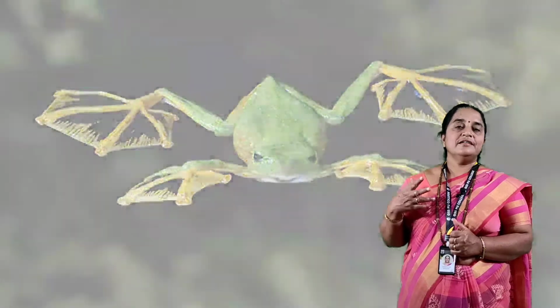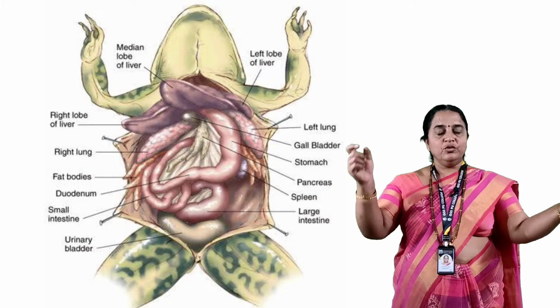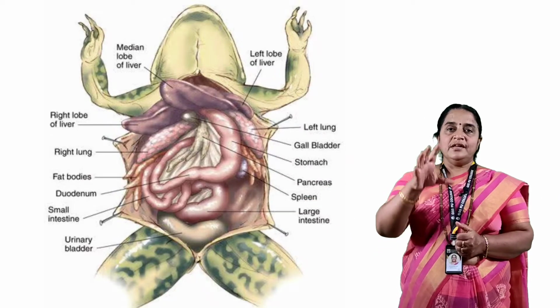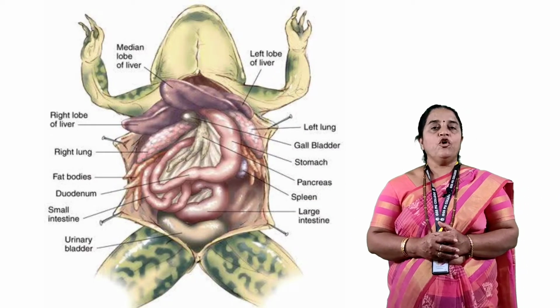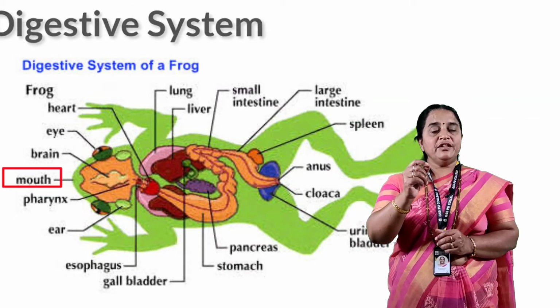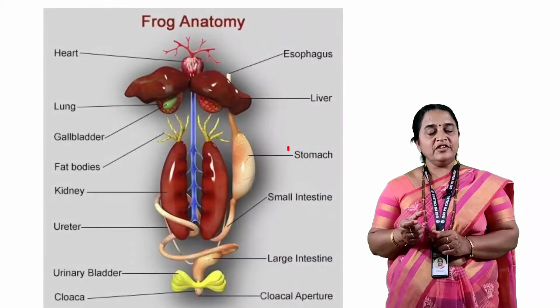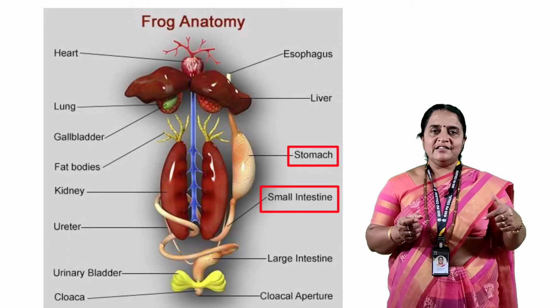It will help the frog in swimming. When you take a section along the ventral side and expose the frog to learn anatomy, in this view you can observe the first system, digestive system. It starts with the mouth, continues with the pharynx, then esophagus, a dilated organ stomach, and a small intestine.